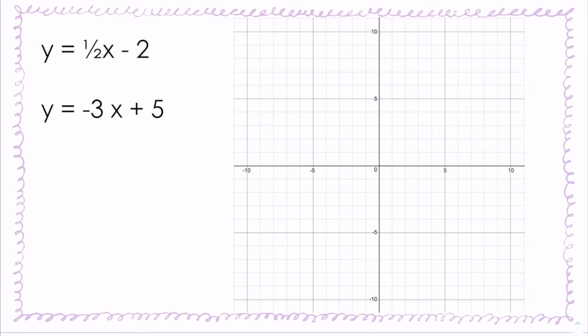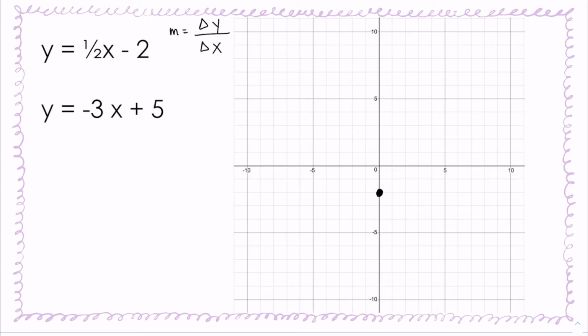All right, y equals 1/2 x minus 2. So remember, when graphing a linear equation, it needs to be in slope-intercept form. That means we have to have y equals. So our y-intercept is -2, so we're going to plot -2 on the y-axis. And then our slope is 1/2. And remember, slope is the change of y values, that's up or down, that's our rise, divided by the change of x values, that's left or right, that's our run.